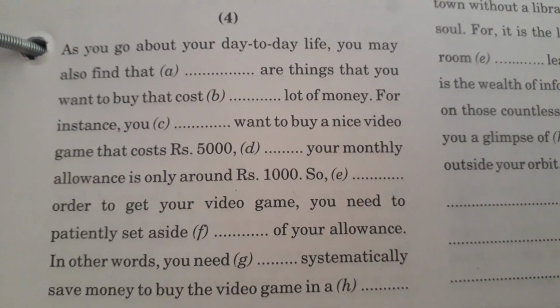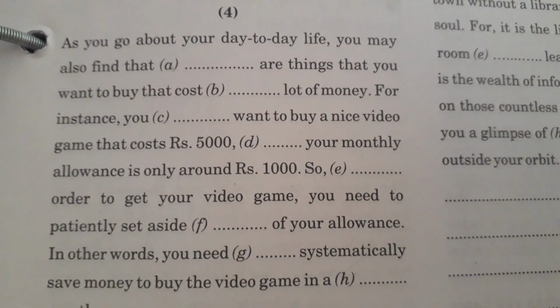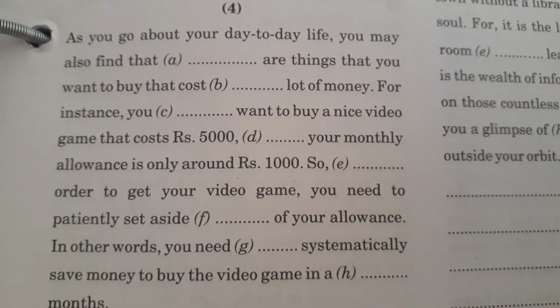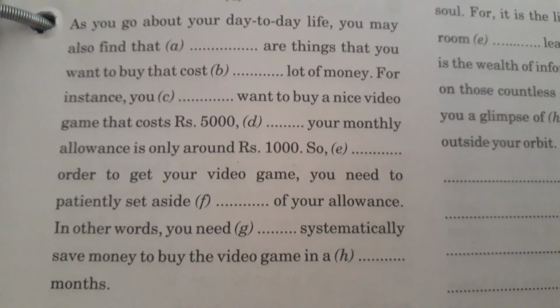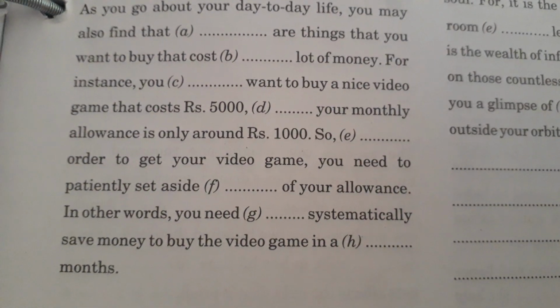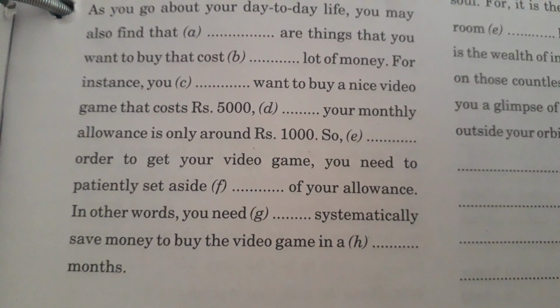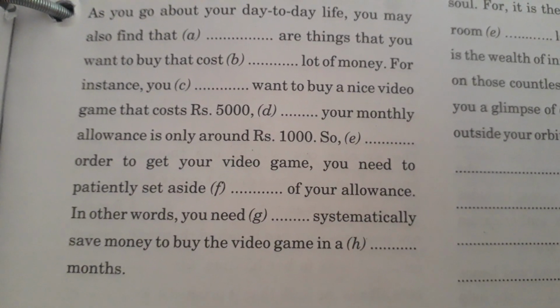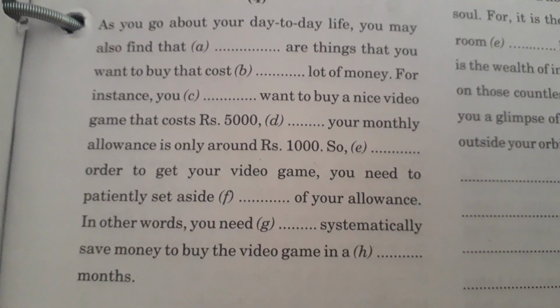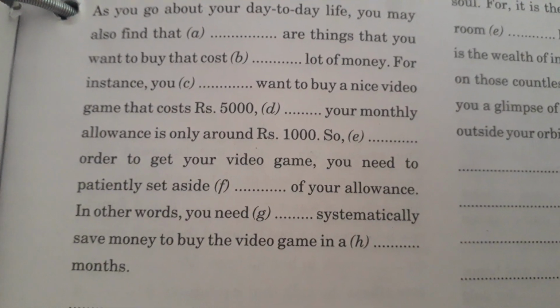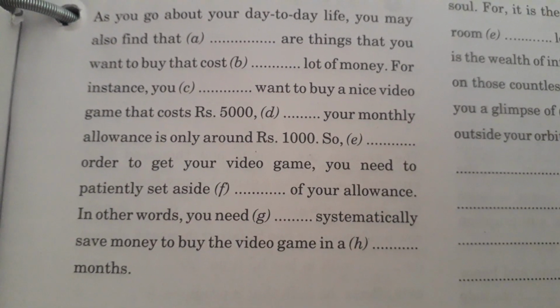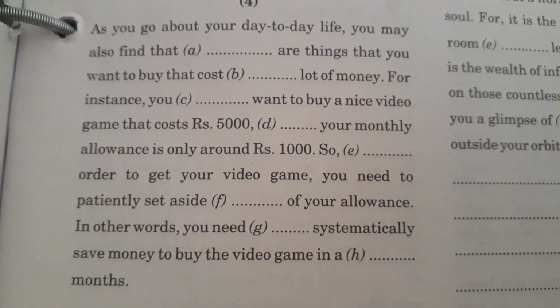But your monthly allowance is only around rupees 1000. So in order to get your video game, you need to patiently set aside some of your allowance. In other words, you need to systematically save money to buy the video game in a few months.